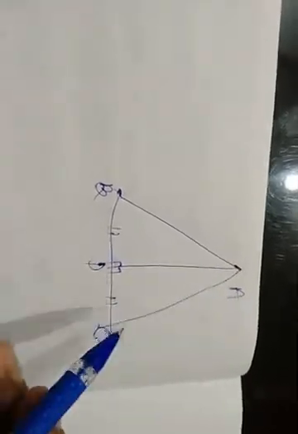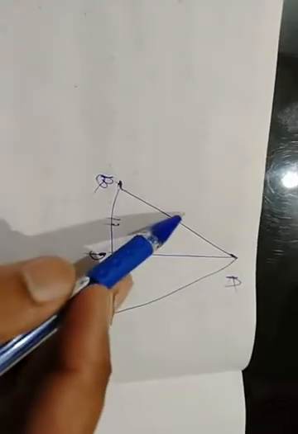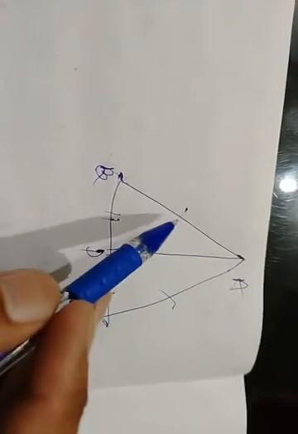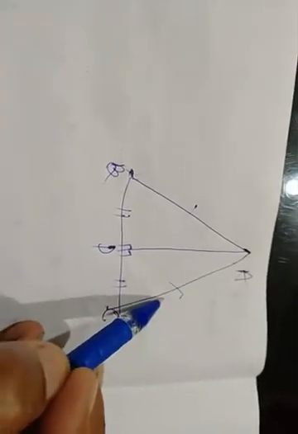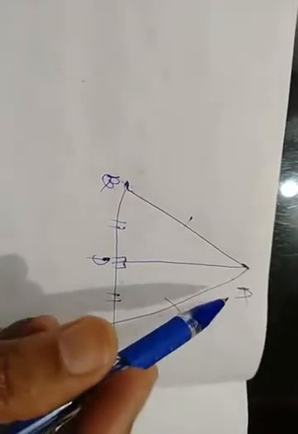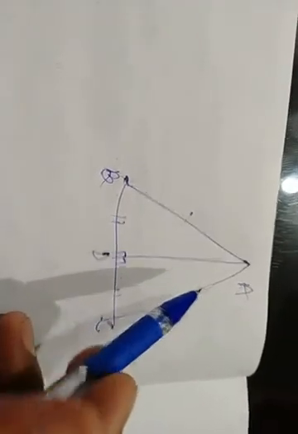ABC is an isosceles triangle if we show AB is equal to AC. If we show that AB is equal to AC, then we can say that ABC is an isosceles triangle.